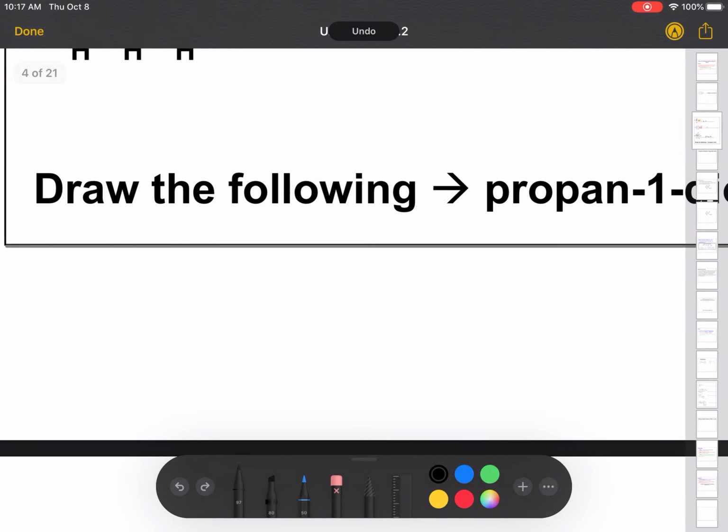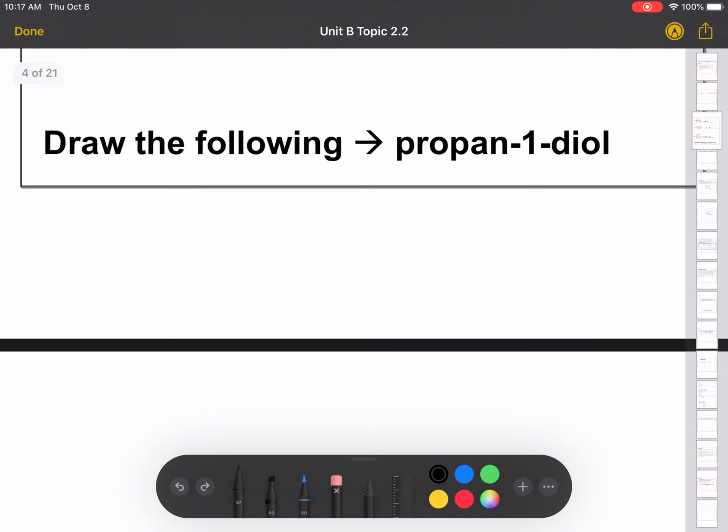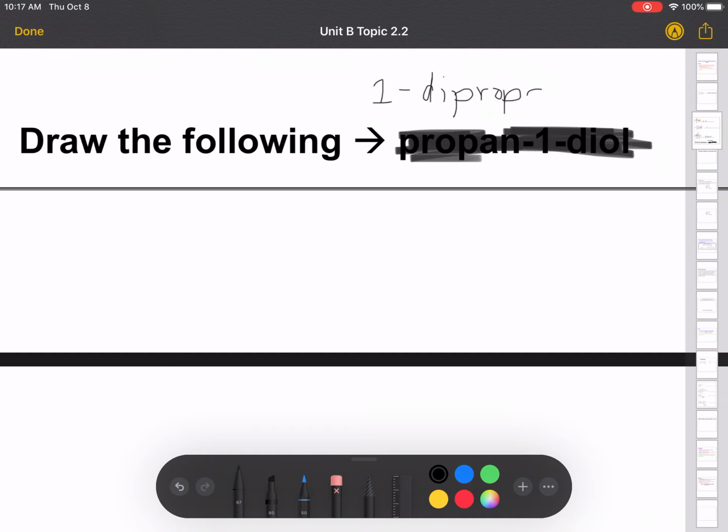At the bottom here, it wants us to draw the following, propan-1,1-diol. Well, like I've told you before, they used to write them this way. We don't write like that anymore. We would write 1,1-propanediol. If we have that, how we would write it out in drawings would be, we'd first draw our propane symbols.